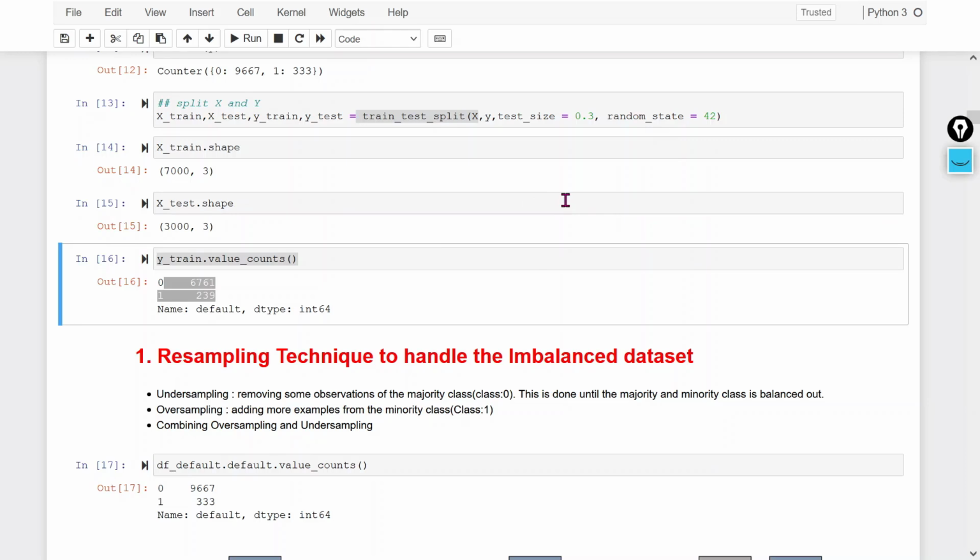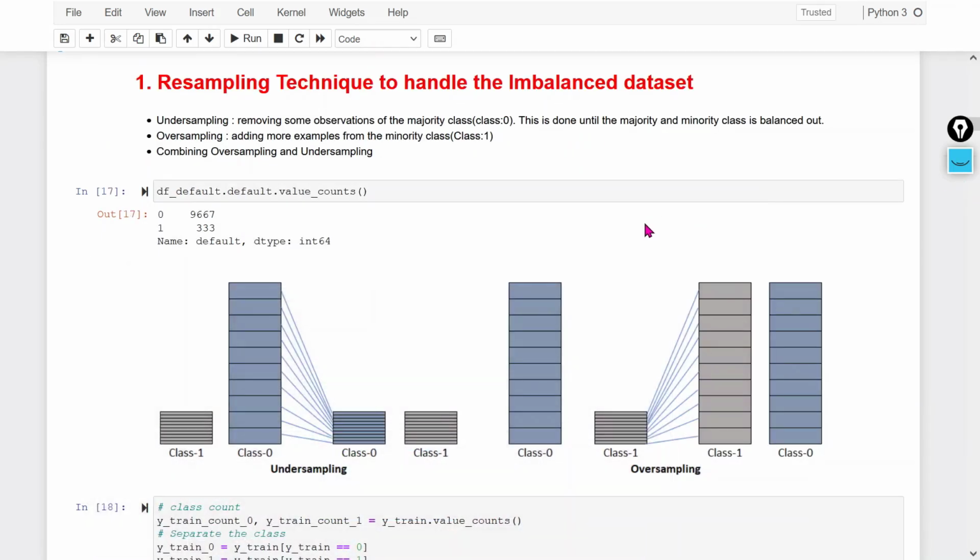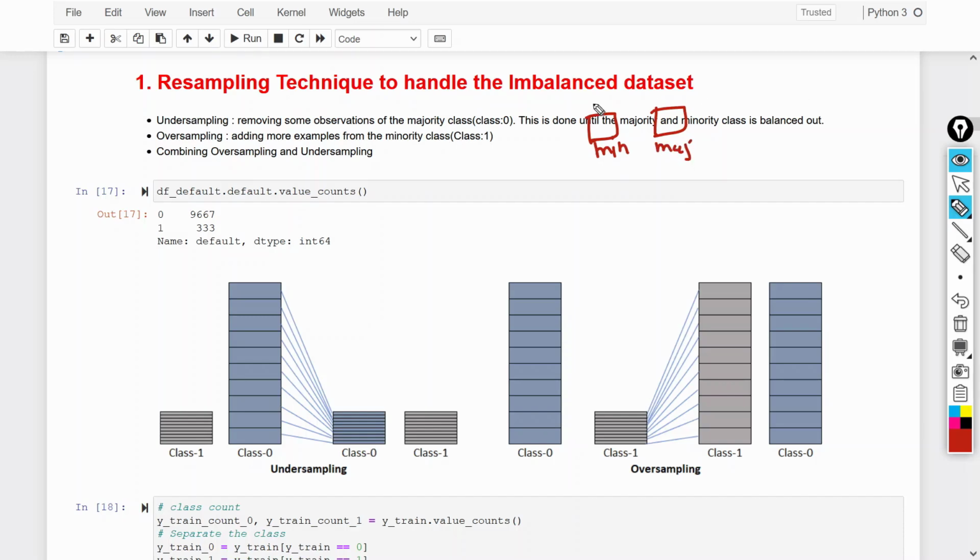First I will tell you what the different techniques are to handle the imbalanced data set, then how we can apply the logistic regression with the help of X_train and y_train by using the sample data, and after that how we can use the cross validation with the help of grid search. So first technique we are going to discuss is the resampling technique. In the resampling technique, this is the minority and the majority classes, 10 and 100.